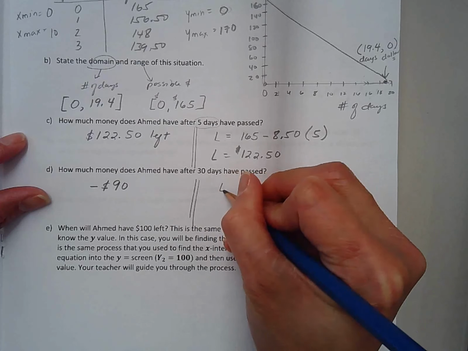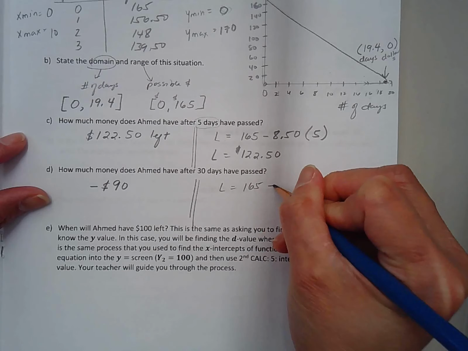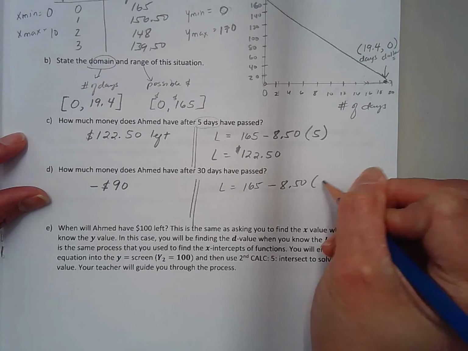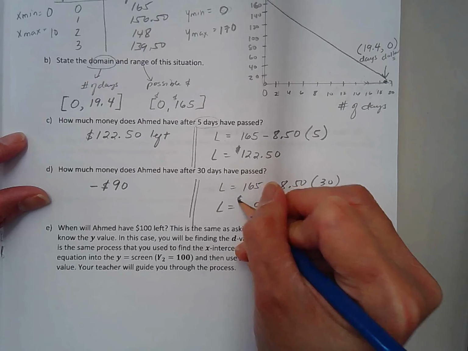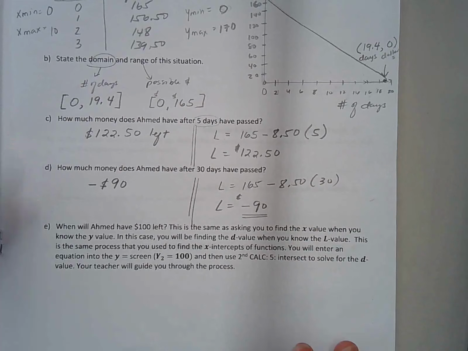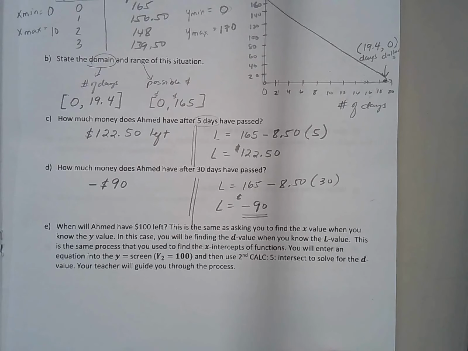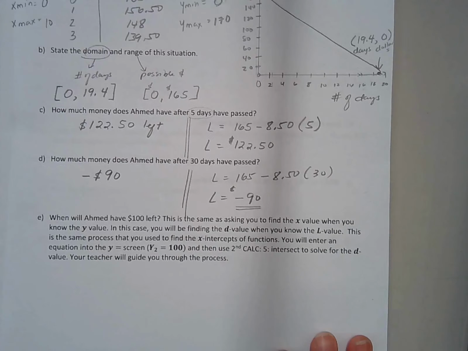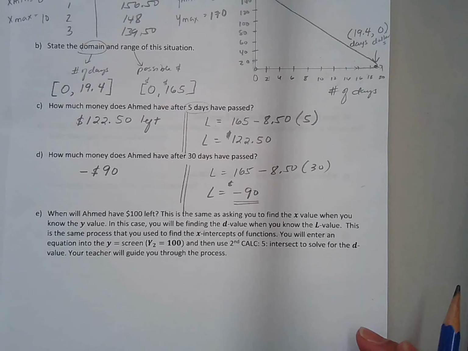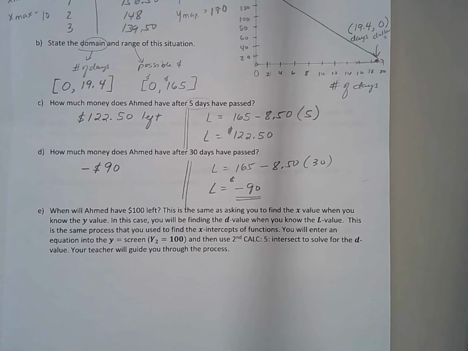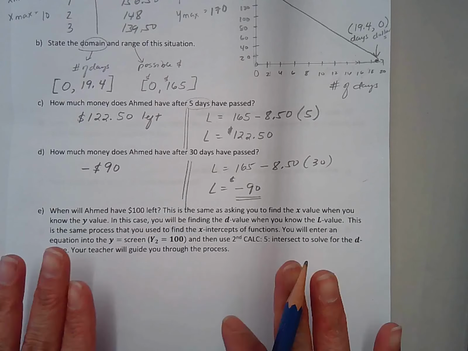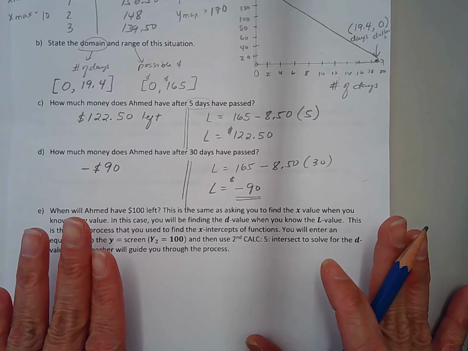And same thing, if you go 165 minus 8.50 times 30 days. He's in a, yeah, that's a good word, deficit. He's in a negative, right? He's in a deficit. Okay. So far so good? Are you okay with this part?